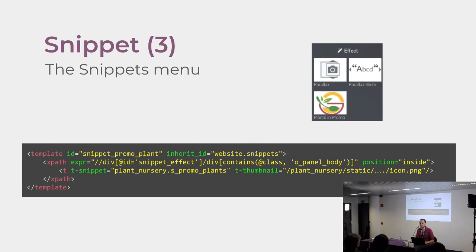Create an inherited view and add a special tag called snippets with the name of your snippet, and just a thumbnail, which is a link to this image. So now we have our building block available on the left, but we will still have to define its content, so what will be displayed when dragged and dropped in the page.